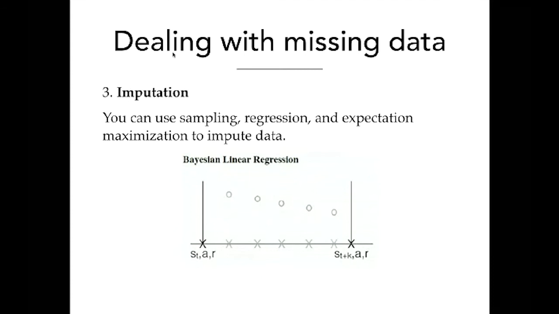We don't know what they are at the gray X's, so we're going to guess by saying that there's some Gaussian distribution which increases in variance, and then we'll sample from that, assuming a linear relationship. And we use a modified expectation maximization to settle in on some reasonable value.